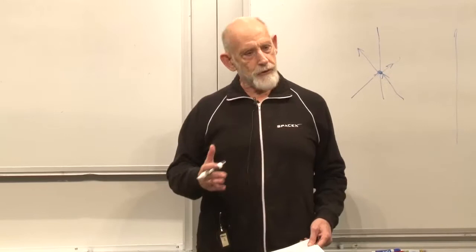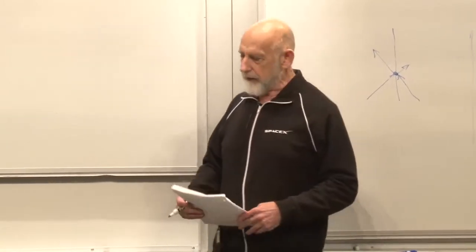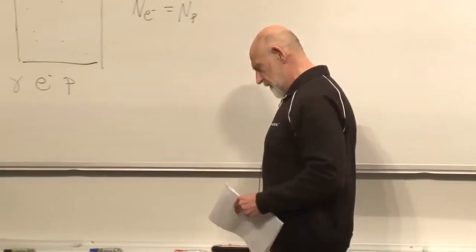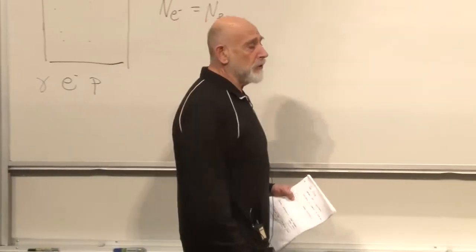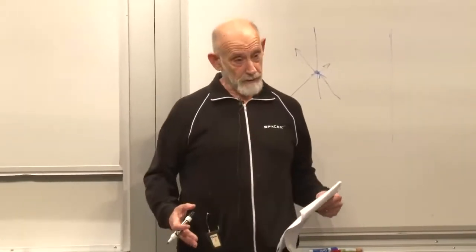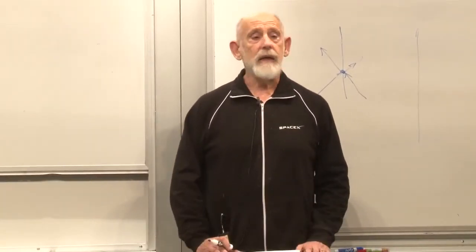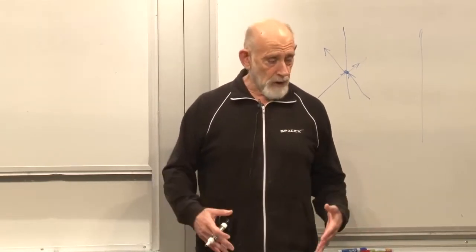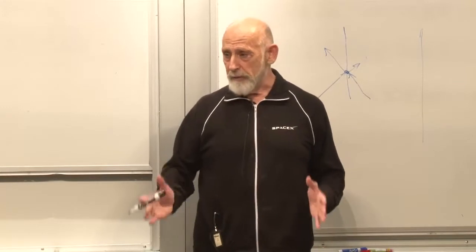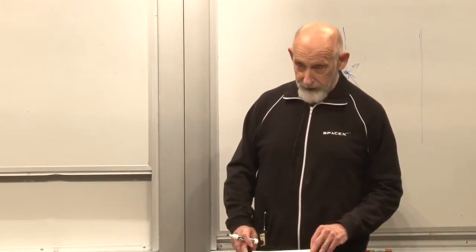Roughly speaking, the temperature is the kinetic energy of a particle. If you were to describe them as having a temperature, the temperature would be much, much lower than the temperature that characterizes the photons out there. So the ordinary particles, electrons and protons, are not in equilibrium with the photons. There's simply not enough scattering for that to happen.